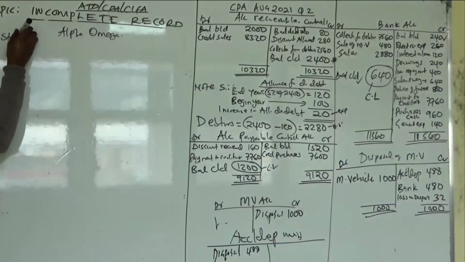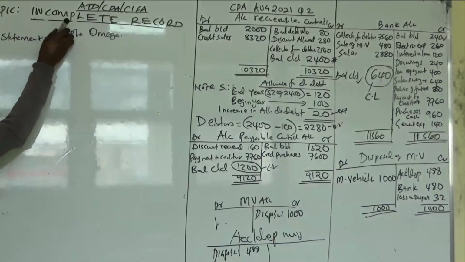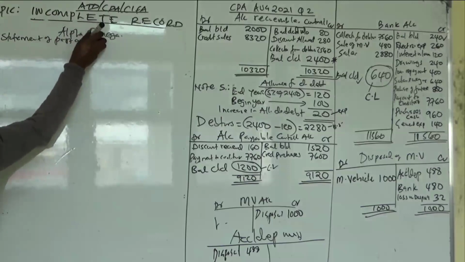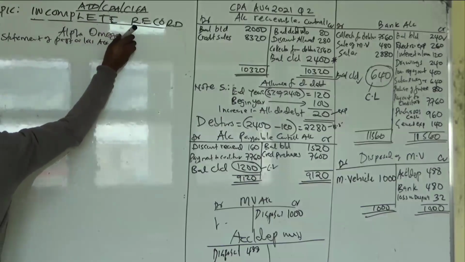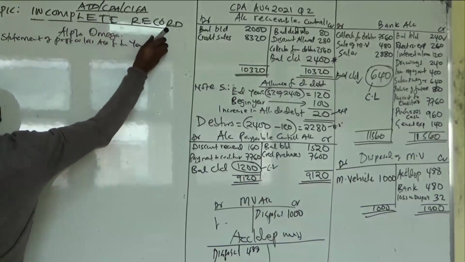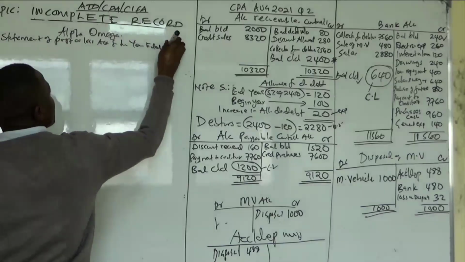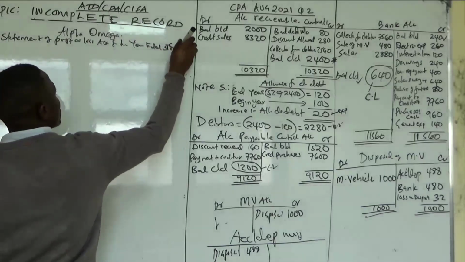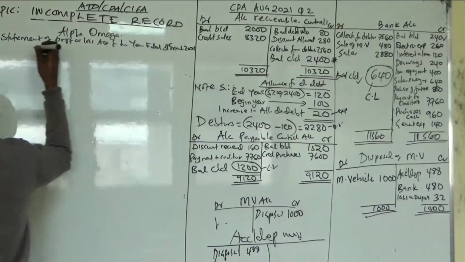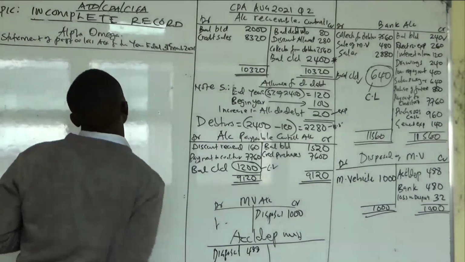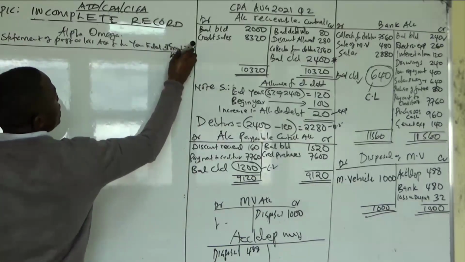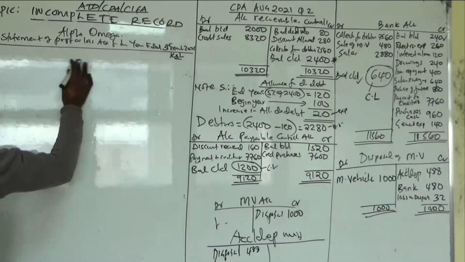Statement of profit or loss account for the year ended 31st March 2021. Shillings.